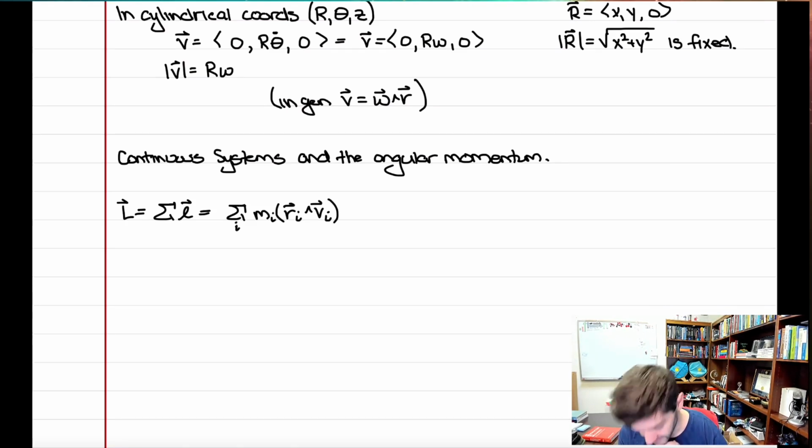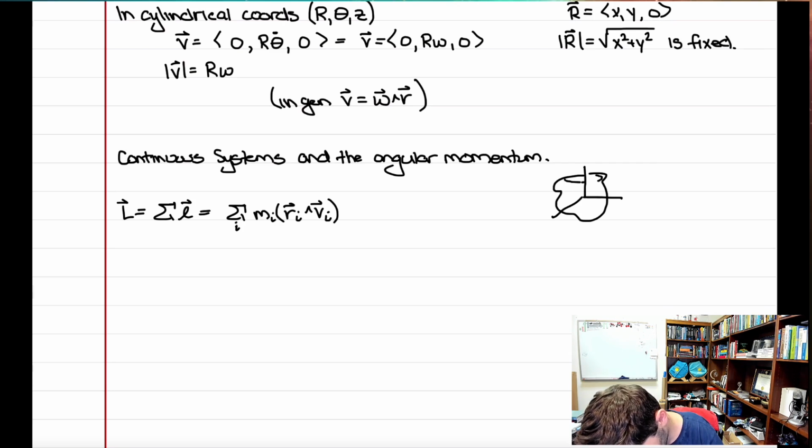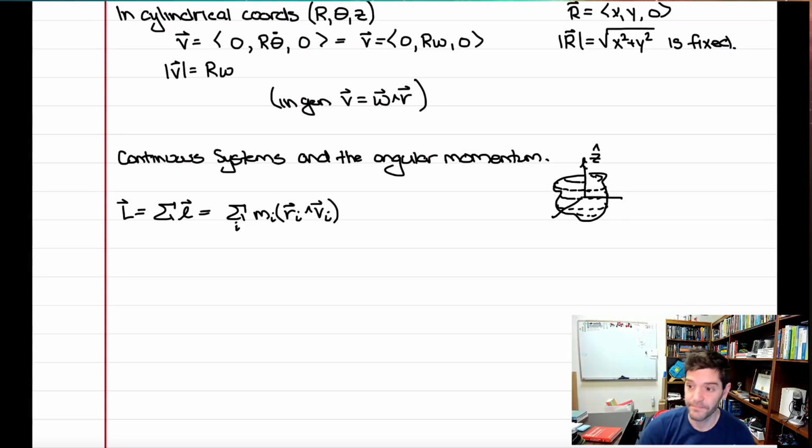And again, let me just draw, maybe I have some arbitrary thing, which in itself might have some 3D shape. It doesn't have to be a pancake or anything like that, but there's some 3D shape to it as it rotates around some rotation axis, which again I will always align with z.